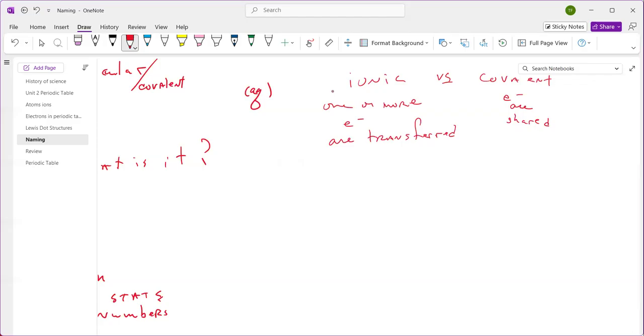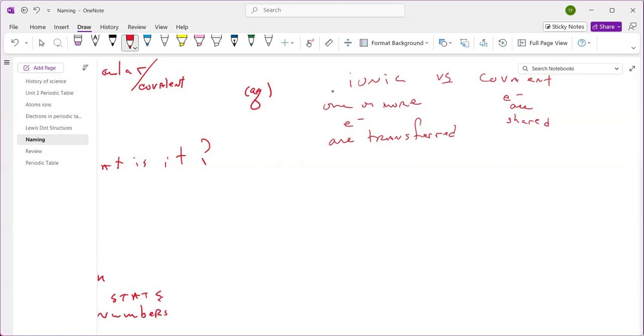So, okay, so ionic means electrons are transferred. That's why one is positive and one is negative. The positive one gives up electrons, the negative one receives them. You always have to have a donor and a recipient. Always. You can't have stray electrons. That's called beta radiation.